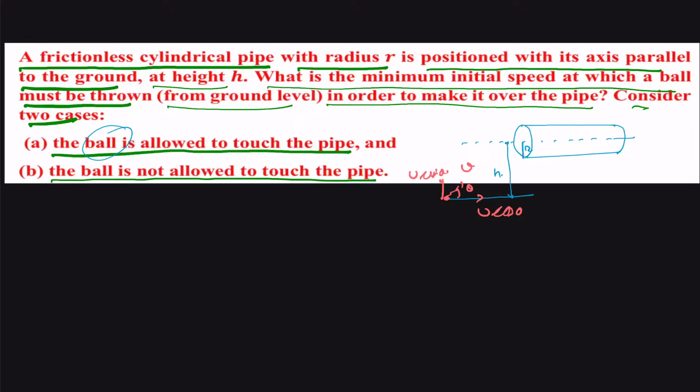Okay. So we have to remember, in the first case the ball is allowed to touch the pipe, and in the second case the ball is not allowed to touch the pipe, and with these two conditions we have to find out the minimum initial speed. Okay. So this is the basic question.